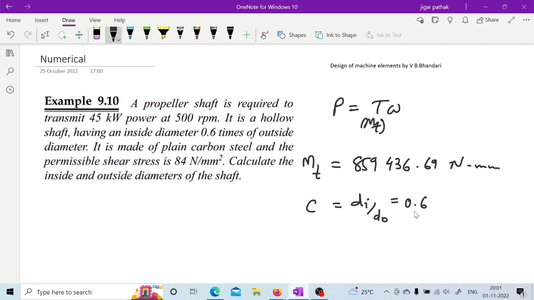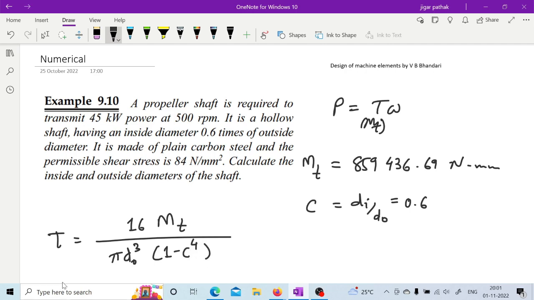Okay. So now once you have this, you can apply that direct equation based on torsional shear stress. You are having this equation, right? 16 Mt upon pi Do cube into 1 minus C raised to 4.